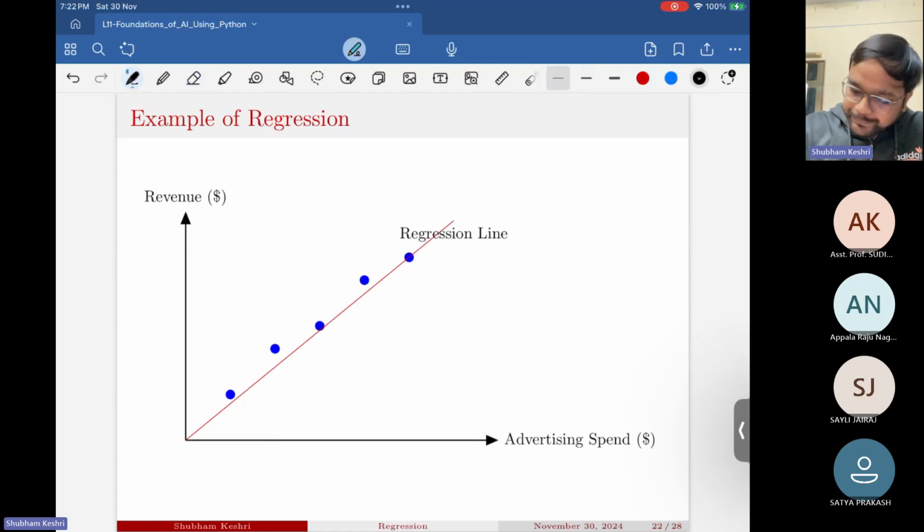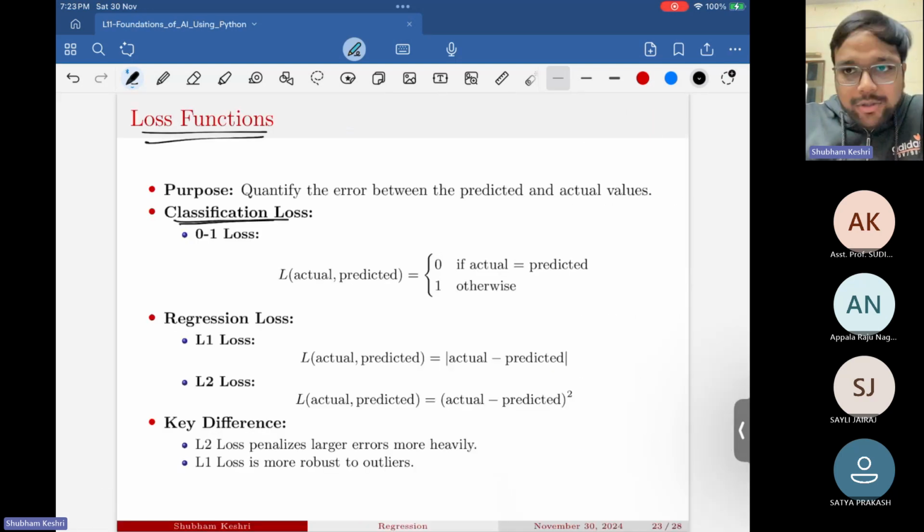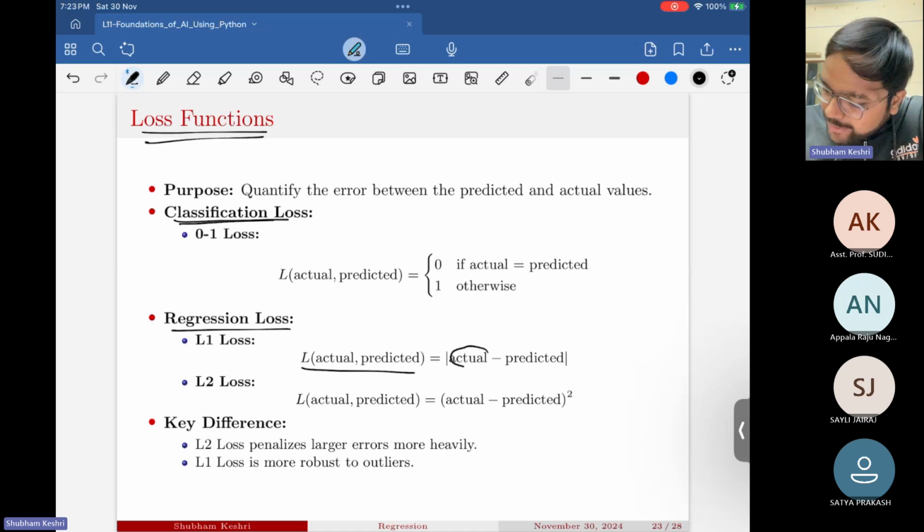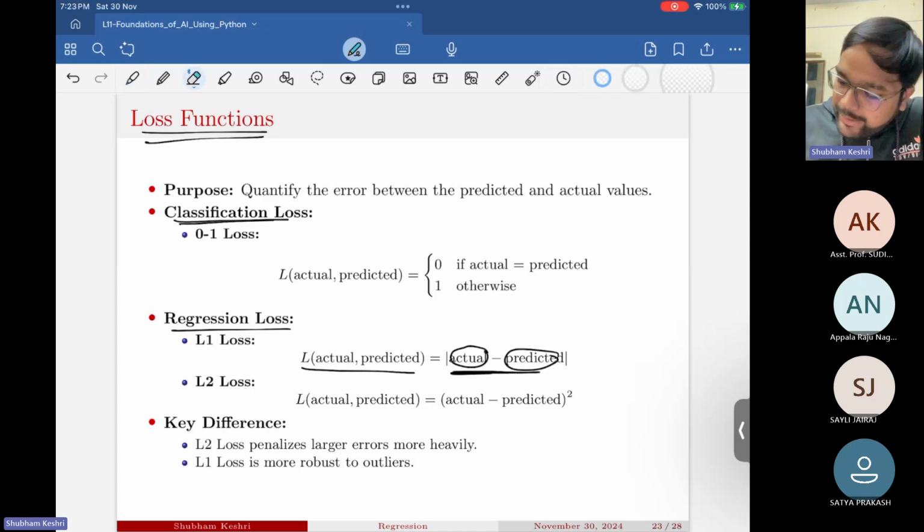You see, we have the points, the training data we have. Now what it will do is it will obtain what the loss is. For classification also it uses optimization. I'll just show you for regression analysis. You can have a loss function which takes the actual value and the predicted value, takes the difference, and takes the modulus.